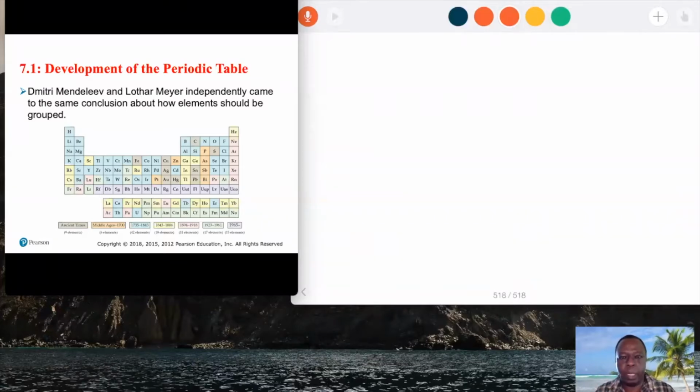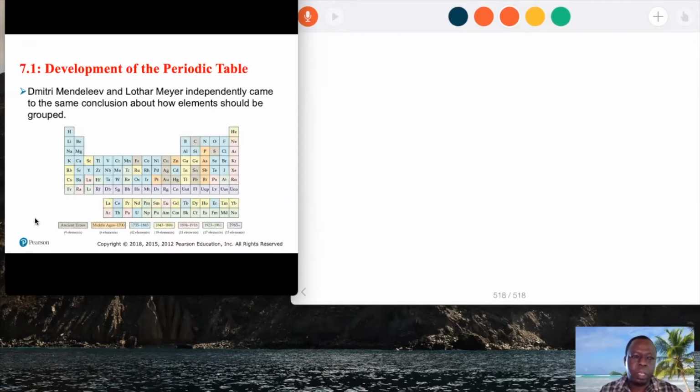And remember, there were more elements being discovered. Even as we speak right now, more elements are being added onto the periodic table. Right now, we have about 118 or so elements on the periodic table. And down the line, we may have 200 elements, we may have 250, who knows, because of ongoing discoveries.